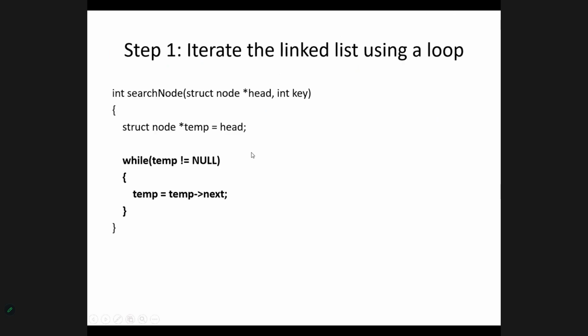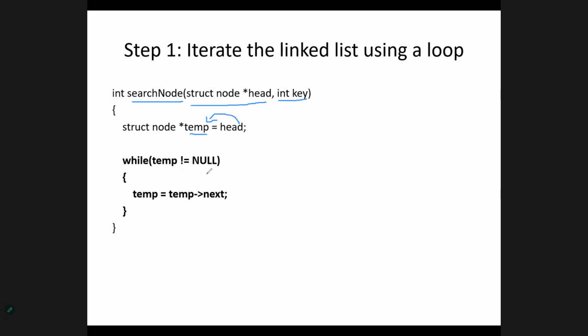Okay. So that is searching a node in a single linked list. So let's go to the code, right? So this is step 1, basically. The search node is the function, and we have to input the linked list and the value that needs to be found, right? So then first we will create a temp node and assign the head value, because we need to traverse through the linked list, right?